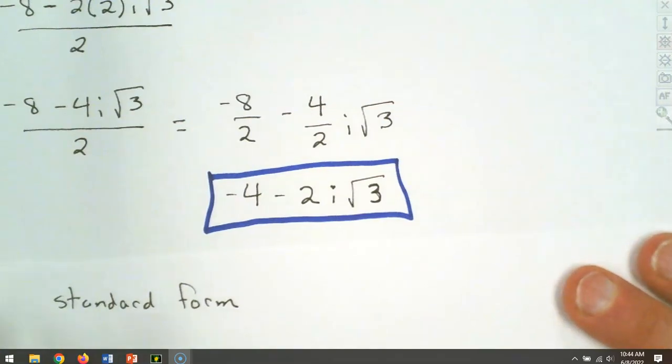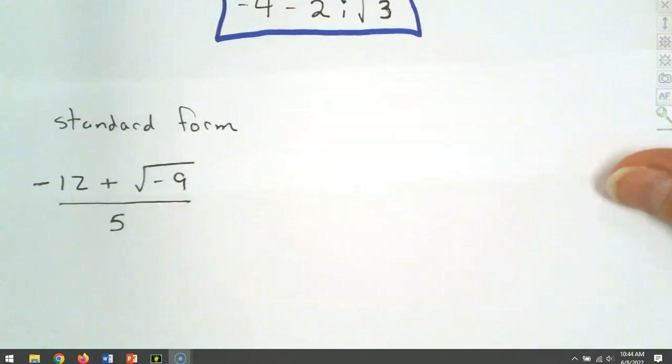Okay, how about minus 12 plus, let's see, how about the square root of minus 9 over 5.